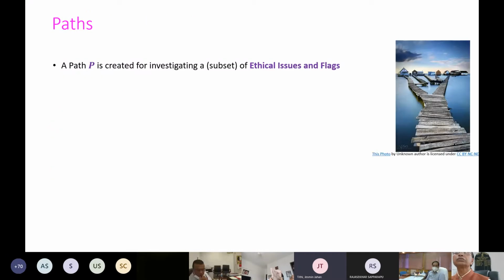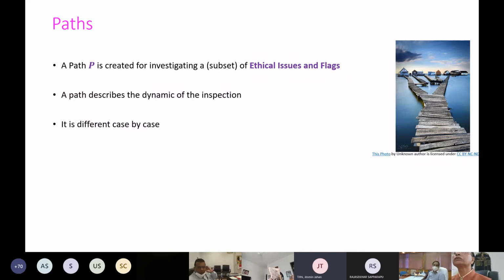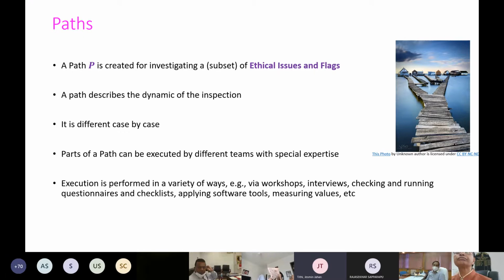So the verification process can be considered as if we are executing a path, where a path is created for investigating a subset of the ethical issues and flags. A path describes the dynamic of the inspection. It is different on a case-by-case basis. Parts of the path can be executed by different teams with special expertise, and the execution can be performed in a variety of ways.